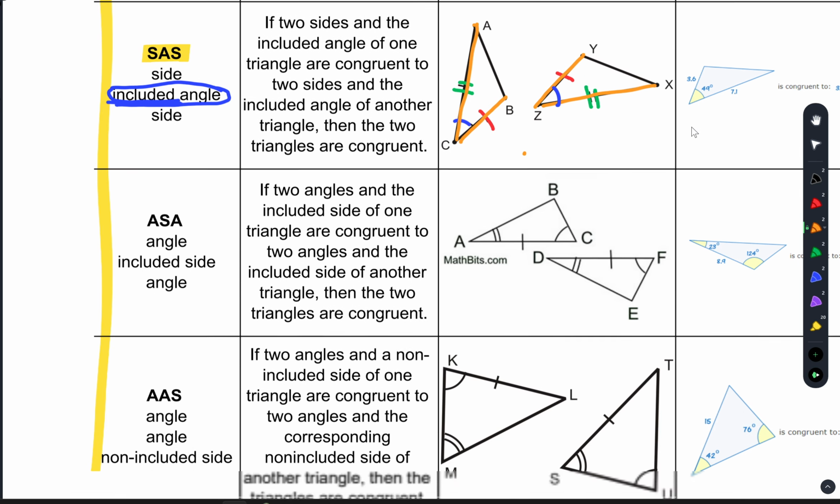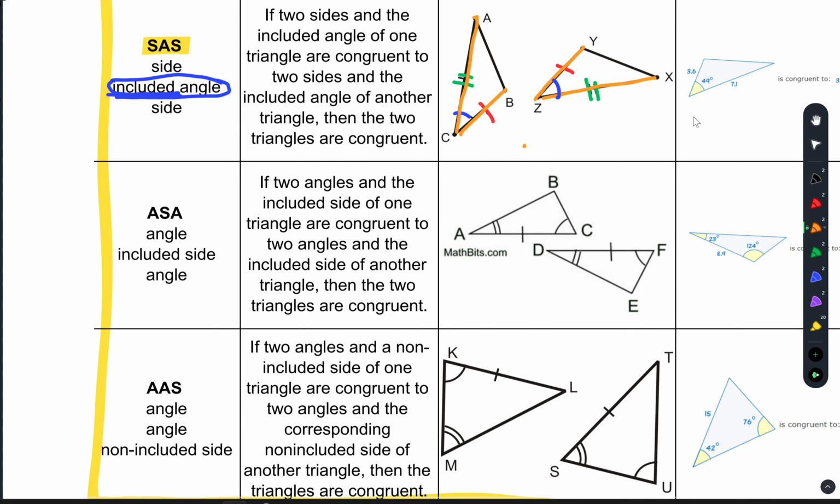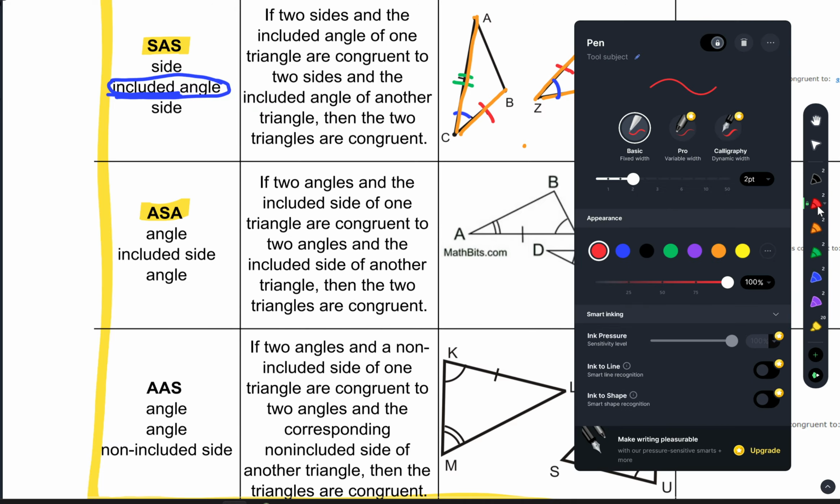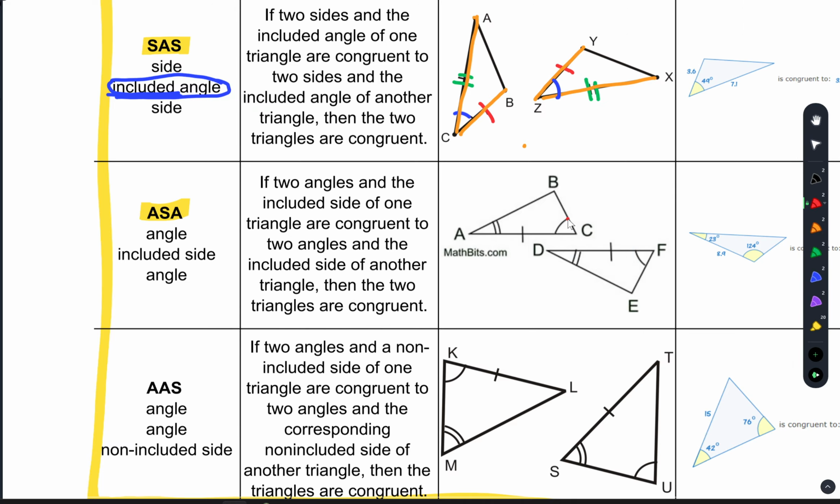We also have an included side. I think included side is a little bit easier to see. So when I'm talking about ASA, it's the same thing, but in reverse. I have 2 angles, and they sandwich together a side. So I have angles C and F. I have angles A and D. And then they sandwich this side AC and this side DF.